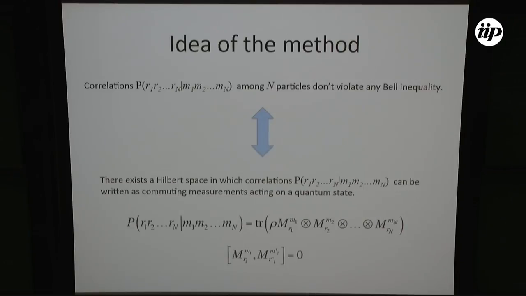So everything is classical, so I can write them as commuting measurements acting on my quantum state. If these numbers are quantum, they can be written in this form. If these numbers have a classical explanation, they can be written in this form. But moreover, I can find situations where these measurements commute because they have a classical explanation.